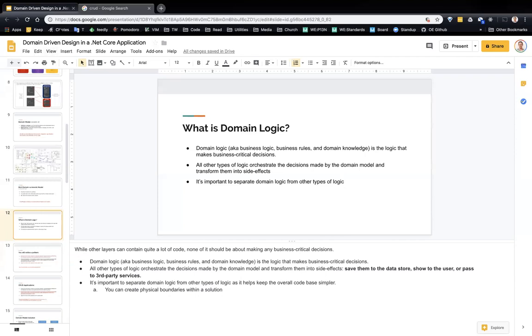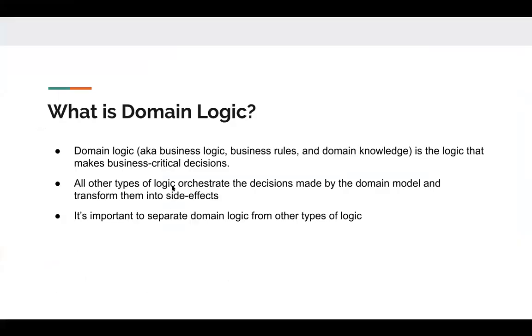I'll add one thing to that. The other kinds of logic that this domain logic should be separate from are things that are plumbing code, right? For example, if you were to use AutoMapper, you shouldn't have a reference to it within your domain code. It's outside of that code base, where you have to translate between an HTTP request and a call into your domain model. That's some plumbing code that shouldn't be part of your domain model.